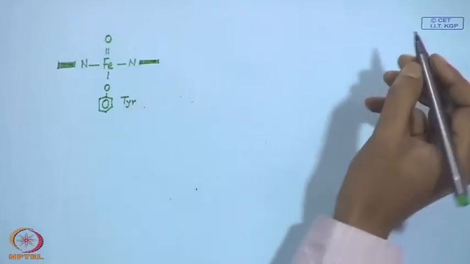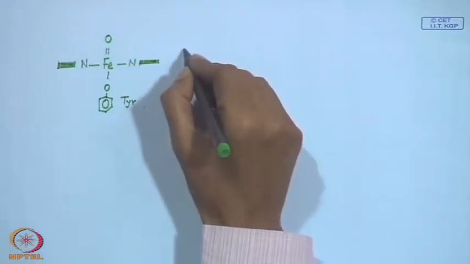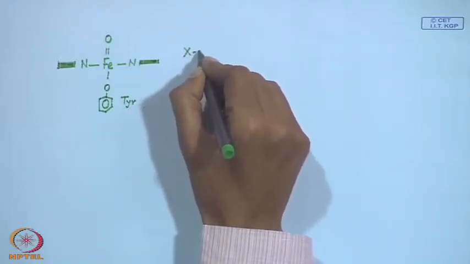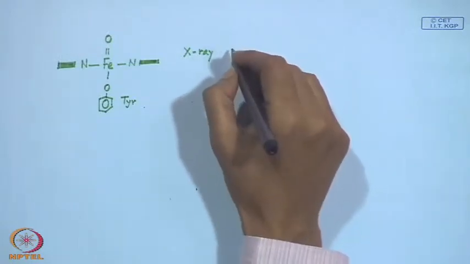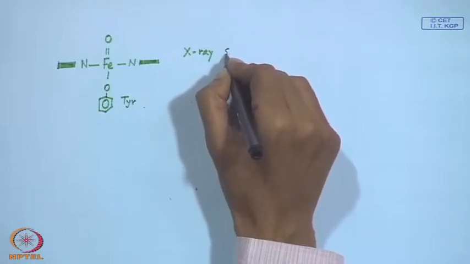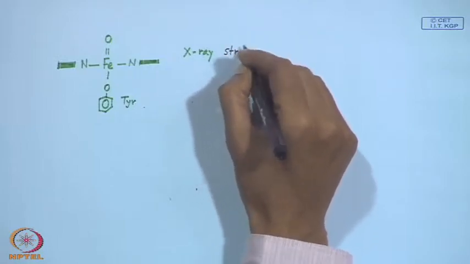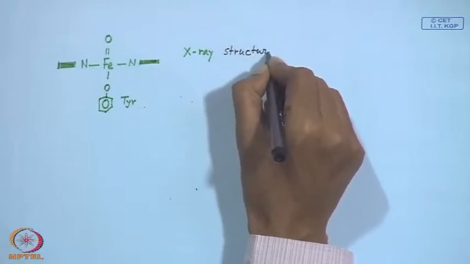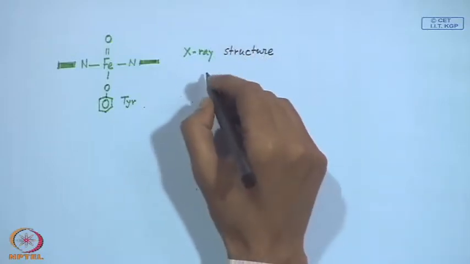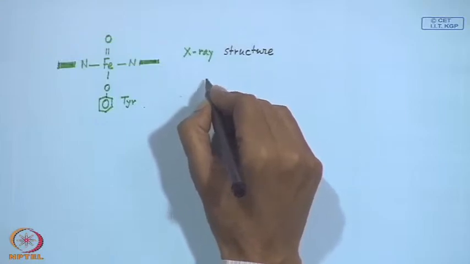we get a corresponding environment, because we know now through protein crystallography that the corresponding X-ray structure gives us a clear picture. The X-ray structure of one such species is beef liver catalase.